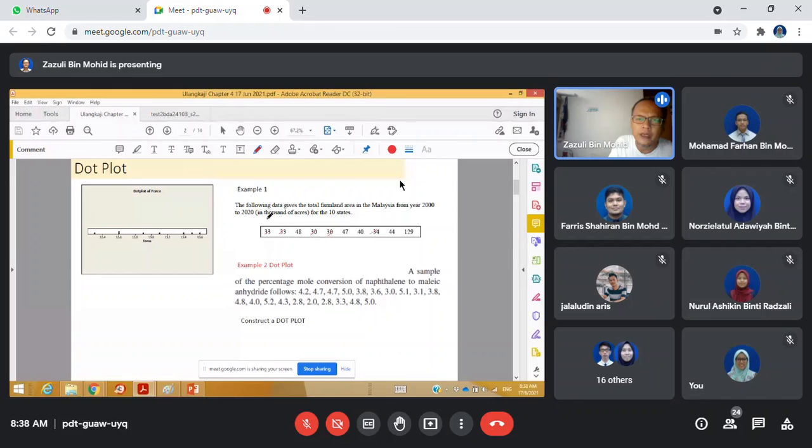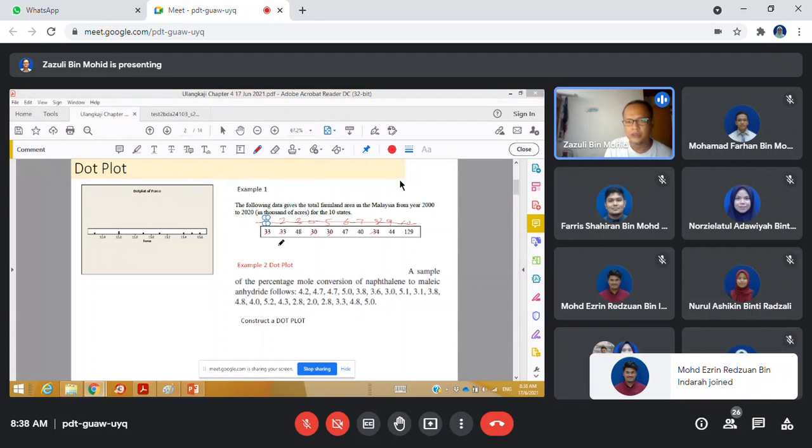Some of you put it as a number here. Even though this data was taken in sequence, in dot plot we are not considering the sequence. We do not need the sequence here.